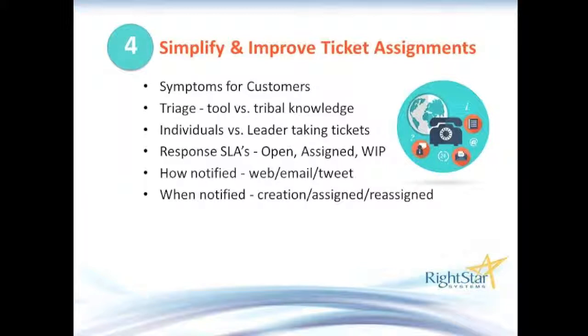If you're doing triage rather than what I call automatic assignment or auto assignment, then there's 2 ways that that's done in practice. One is somebody chooses a field like a symptom field, and the tool, like FootPrints, helps assign this to the right team or individual. The other is the tribal knowledge. So somebody's scratching their head, listening to the customer or reading the ticket and trying to figure out, where should this go?